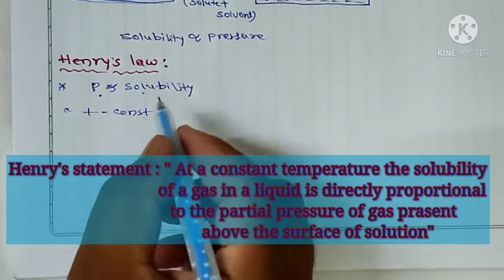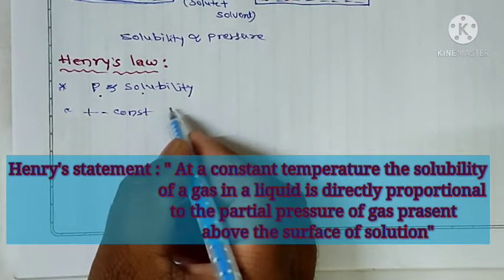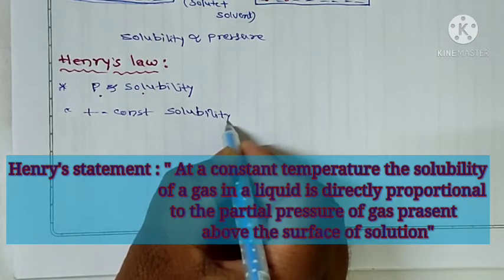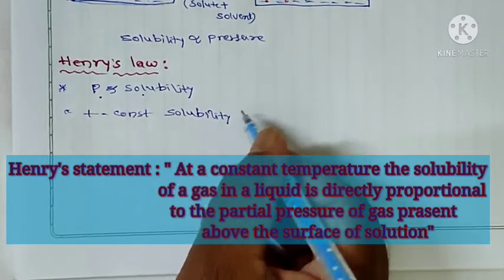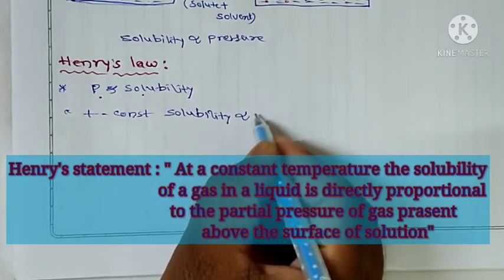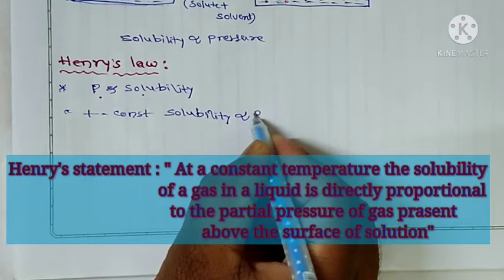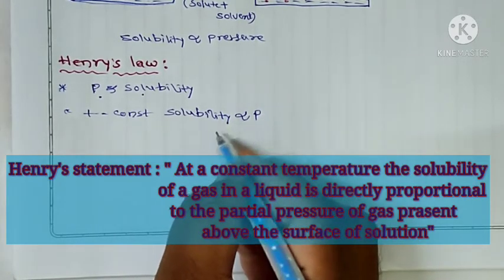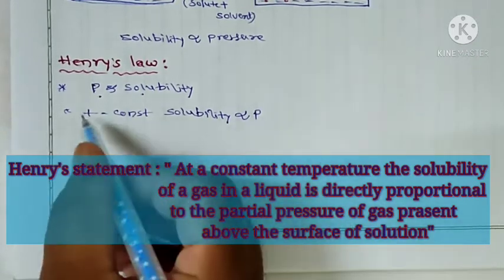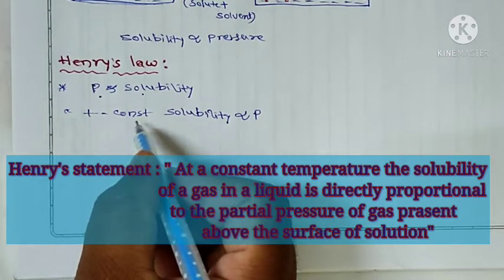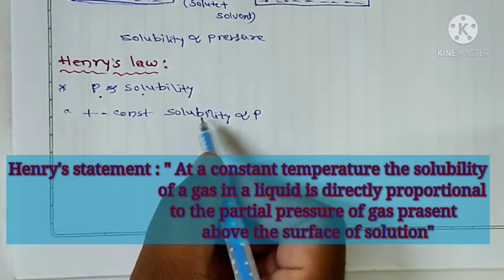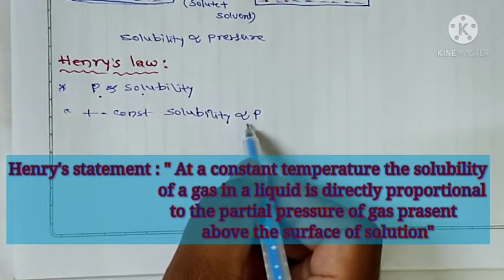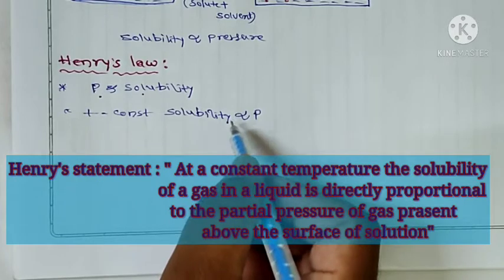So at constant temperature, the solubility of a gas in a liquid is directly proportional to the partial pressure of the gas present above the surface of the liquid or solution.